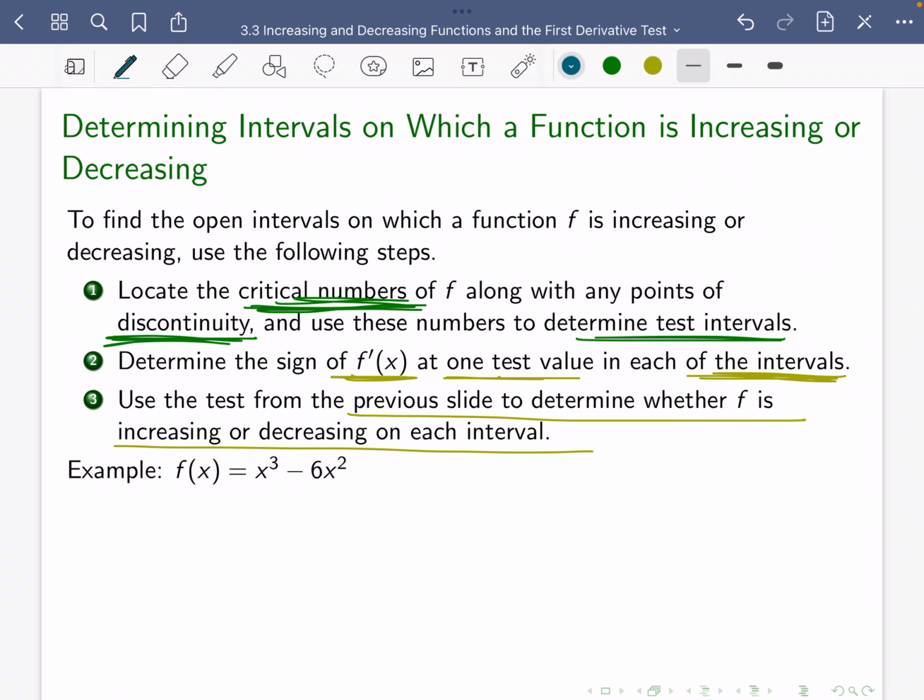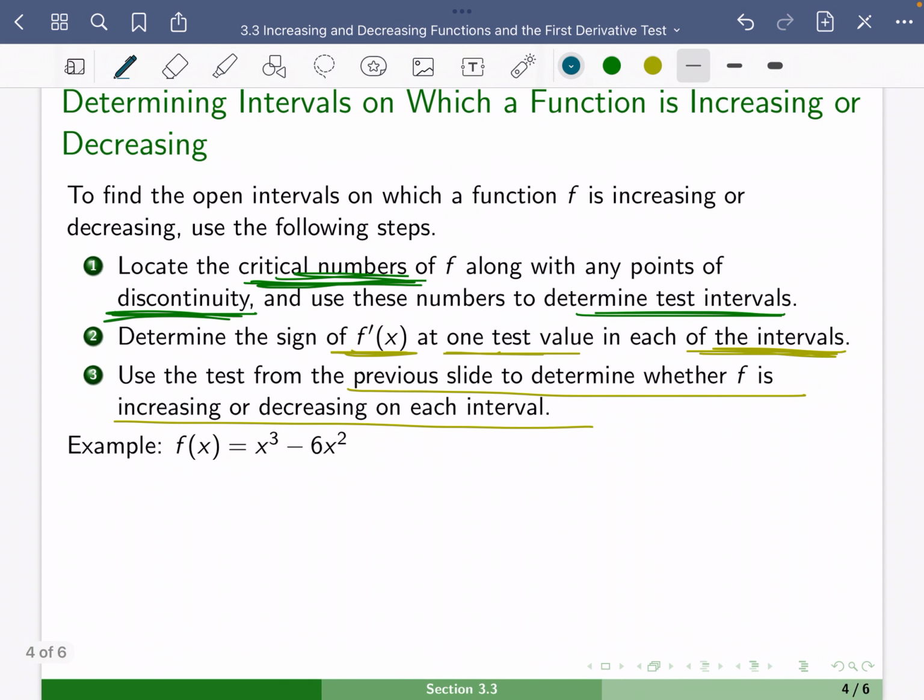Let's go through this small example here. We have f of x equals x cubed minus 6x squared. Our derivative here is 3x squared minus 12x. You could factor out a 3x from that and have 3x times (x minus 4).